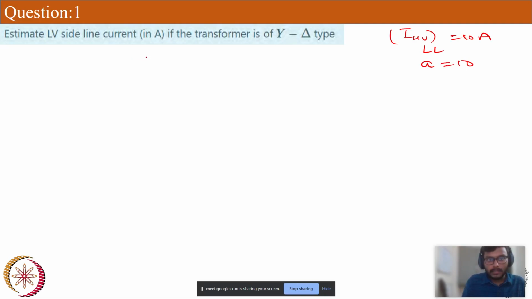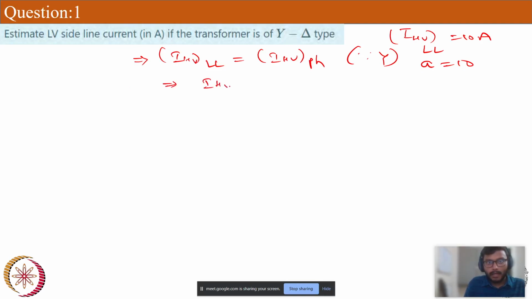Now, since it is a star connection, in a star connection my high voltage side line current is equal to the high voltage side phase current. So this implies my high voltage side phase current is equal to 10 amps as well.